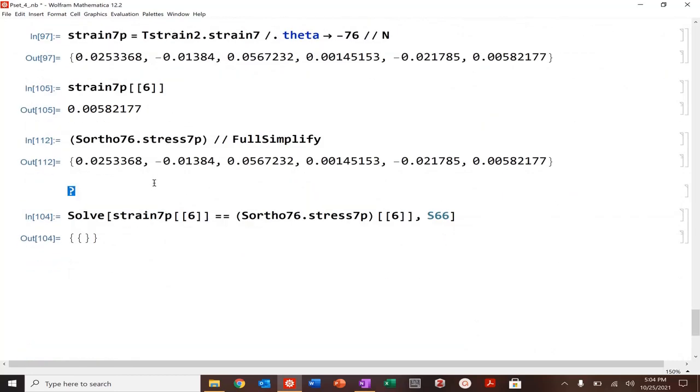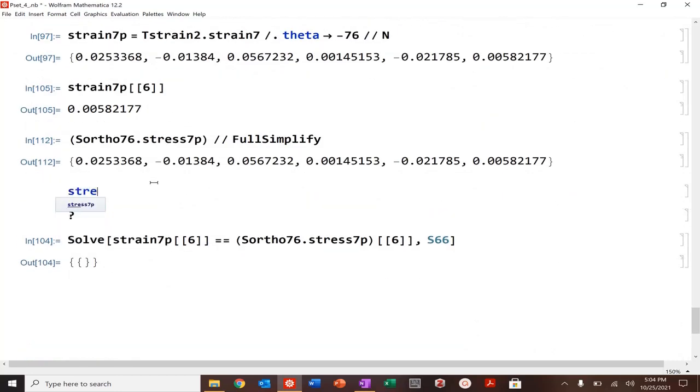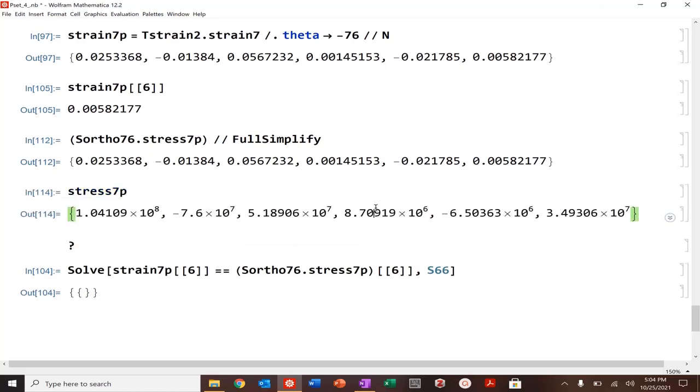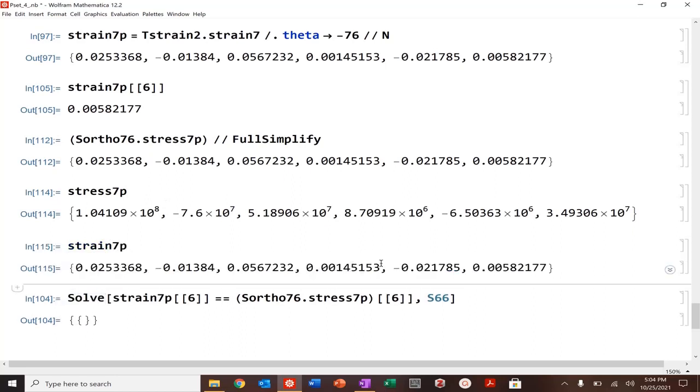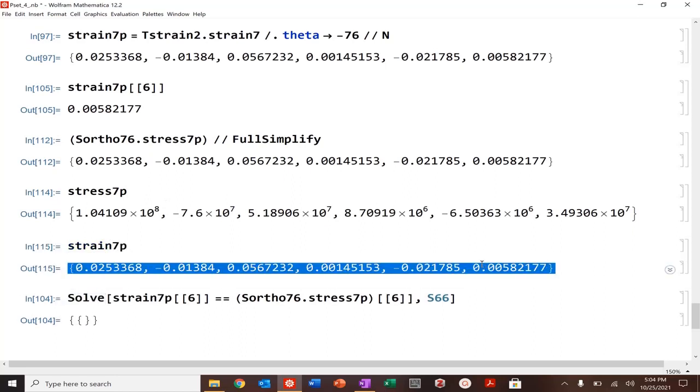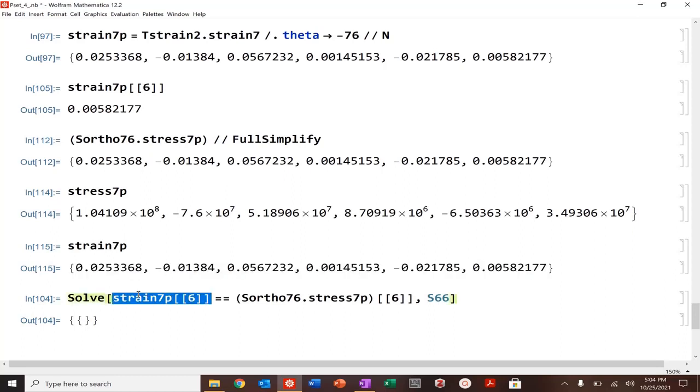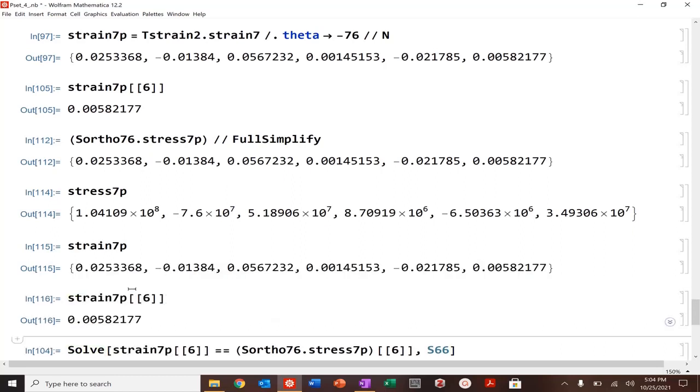So if I look at my stress 7p, now I still have that. Let's look at my strain 7p. I definitely have a strain there, so something a little bit funky is going on here.